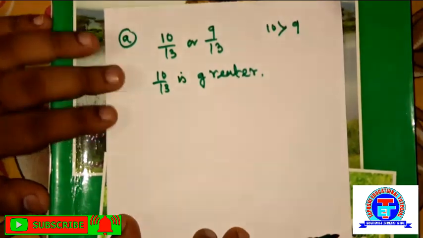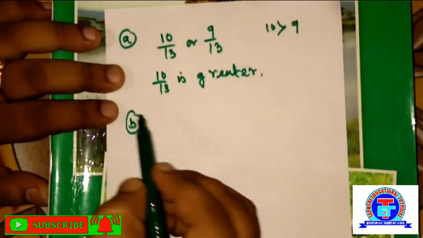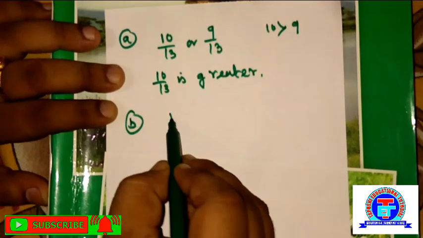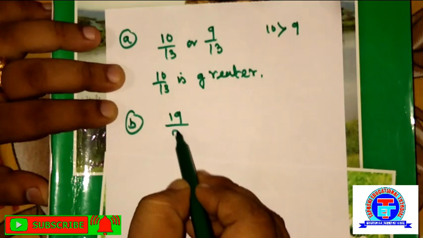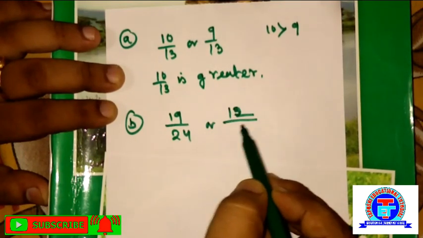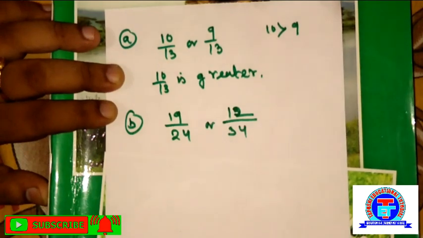So this fraction 10 by 13 is greater, right? But when the denominators are different, how do we solve which one is greater? Here given 19 by 24 or 12 by 34, right?